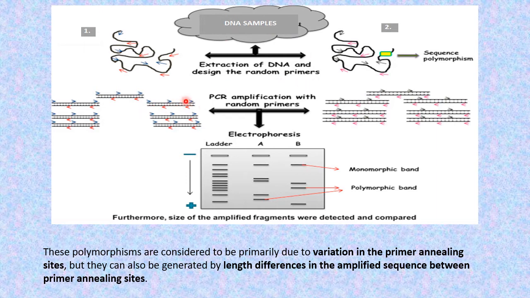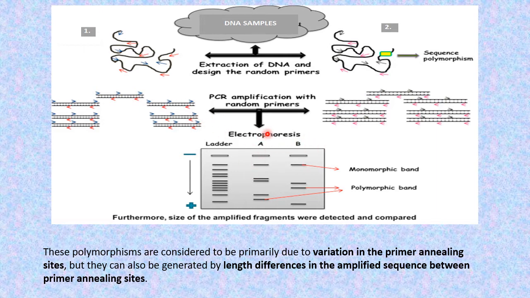Since the primers are random, they will attach randomly on the genome with their complementary sequences, which may be present anywhere in the entire genome. And then during the PCR, multiple amplicons of different lengths will be produced.